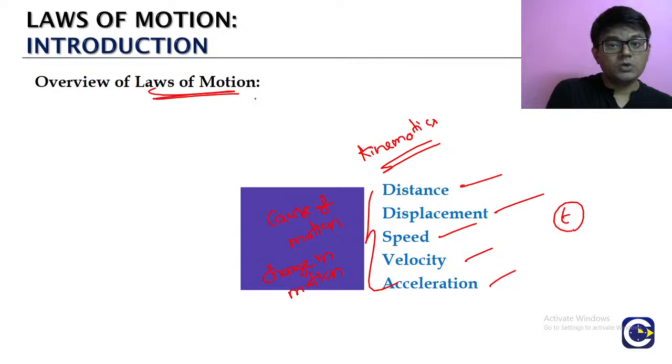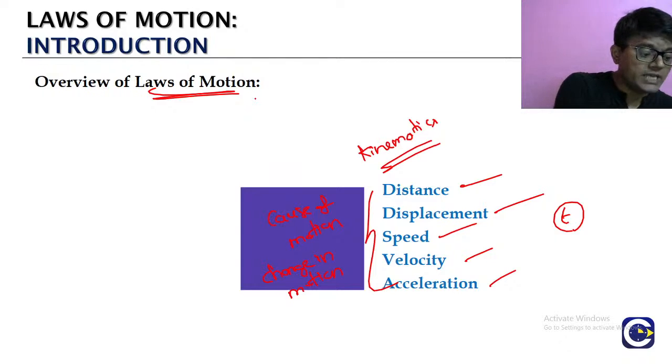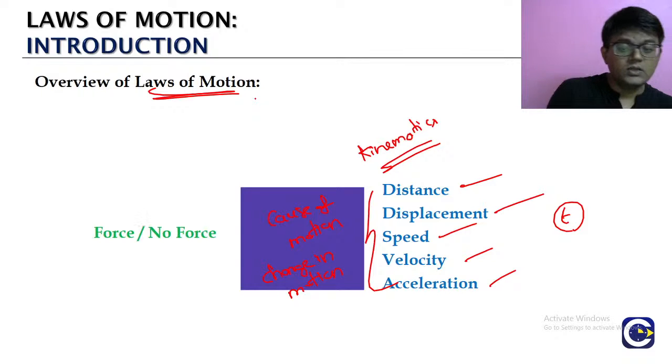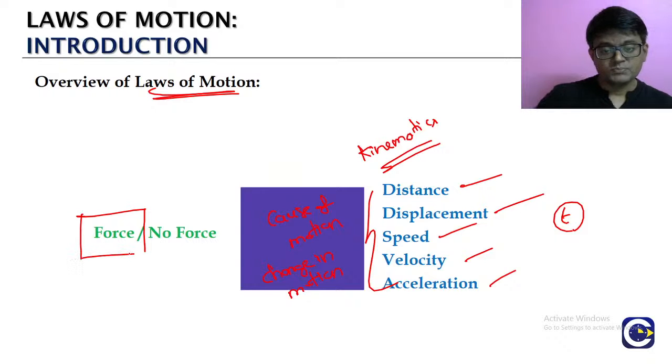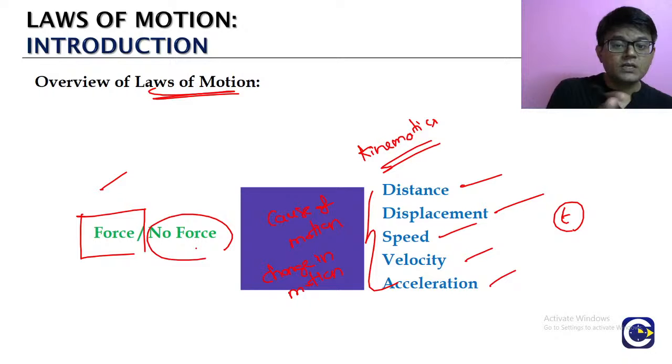How the motion of an object can get changed, or how we can actually create motion in the object, by force. If there is a force, there will be motion that can begin, and the motion can also be changed by the force. How exactly, we'll learn in this chapter. If there is no force, then what is going to be the situation? We'll try to understand the other side.